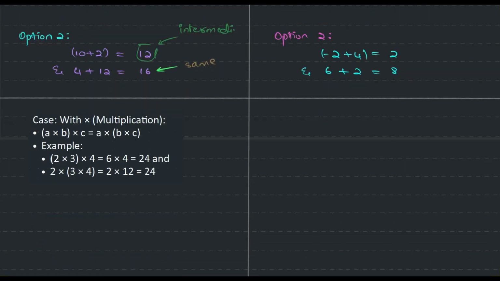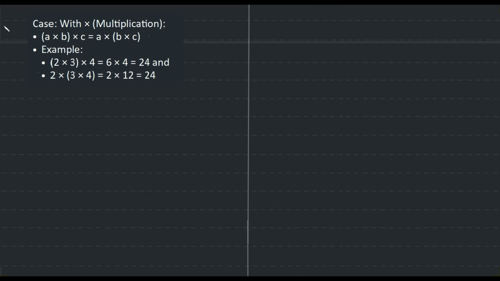And this holds true even for multiplication. 2 into 3 into 4 will give me the same answer as 2 into 3 into 4. That is, 2 into 3 being multiplied first, or 3 into 4 being multiplied first, will not affect the answer. Again, let me take up an example. 4 into 3 into 2. Again, the aim is to simplify.